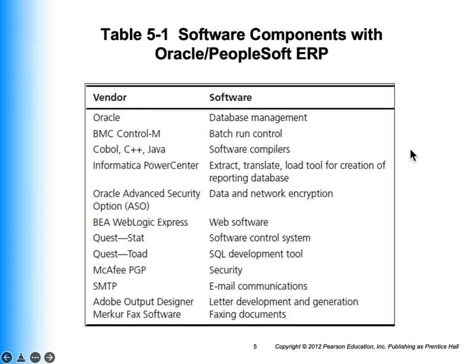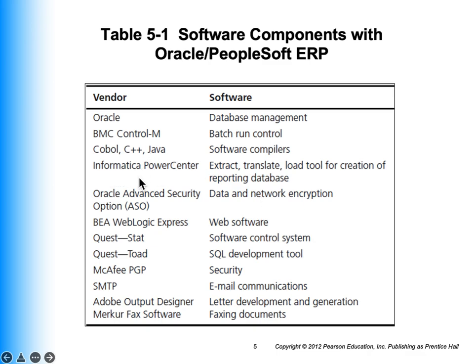Software component. Here we have a list of potential software. In terms of data management, we have Oracle, Batch Run, BMC control, software compiler, Java, C++, mobile. Extracting tool, more onto could be Python.